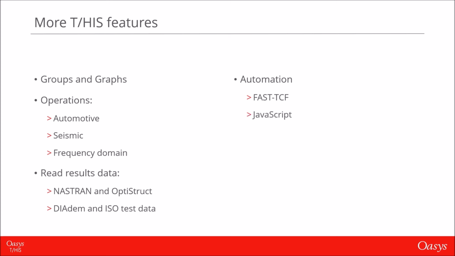And the JavaScript API gives you access to all sorts of functions and gives you great flexibility with your automation workflow. THIS is now linked seamlessly with Reporter, so once you've automated your post-processing, you can also automate the creation of reports for each of your analysis simulations. If you're thinking about automating your workflow with THIS and the Oasys LS-DYNA suite, then please do get in touch.